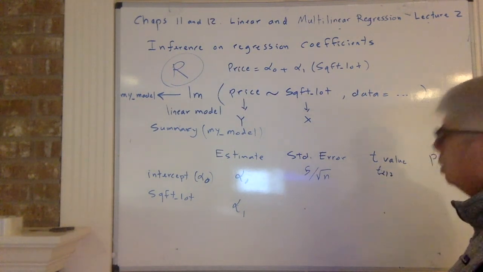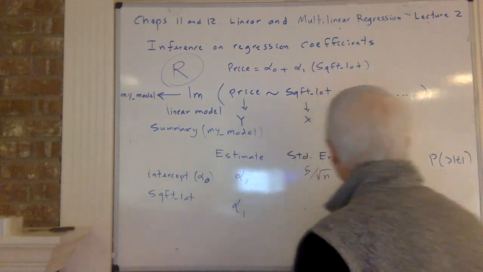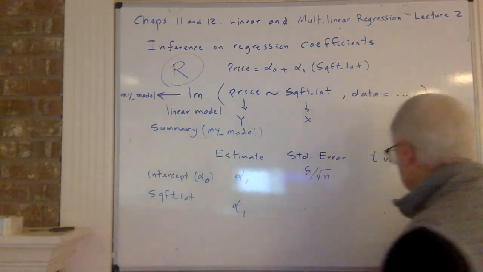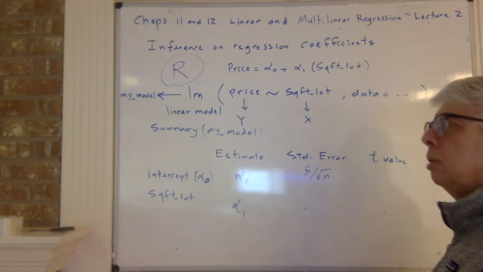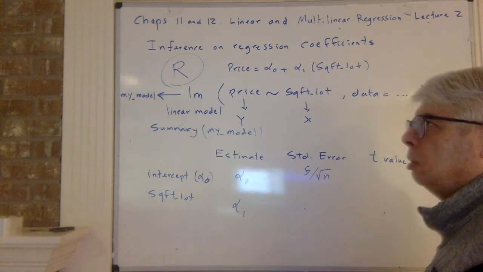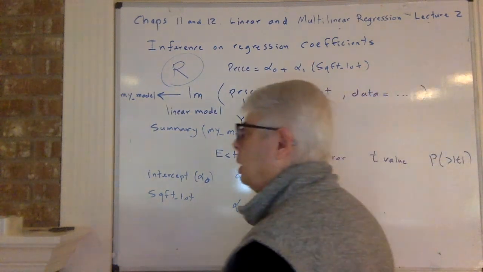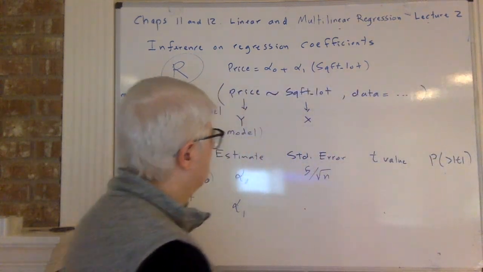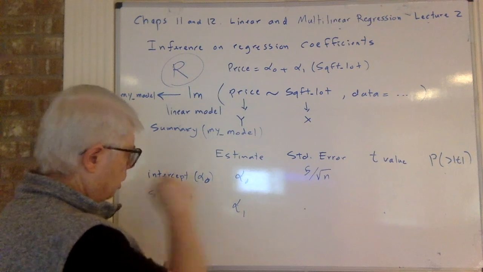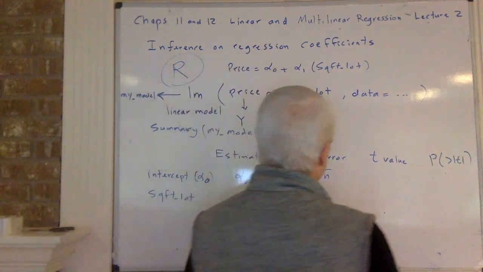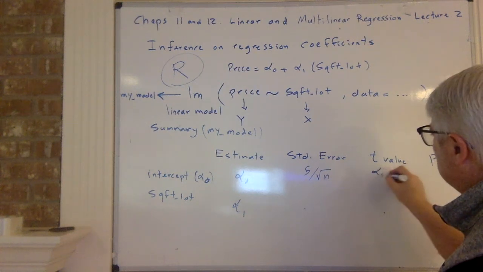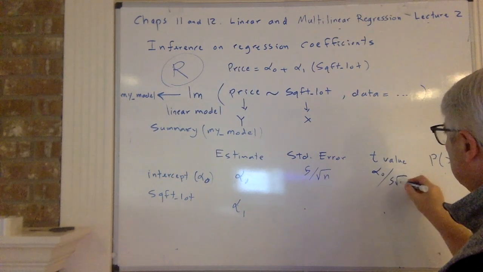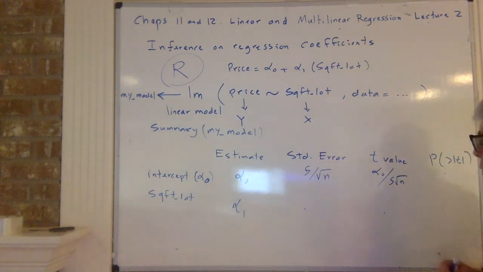And no, I guess this is, let me see, no. I think that's T alpha 0. No. Yeah, that's the estimate divided by this, I guess. So that's the estimate divided by this. Well, let's check this thing. And this is the p-value.